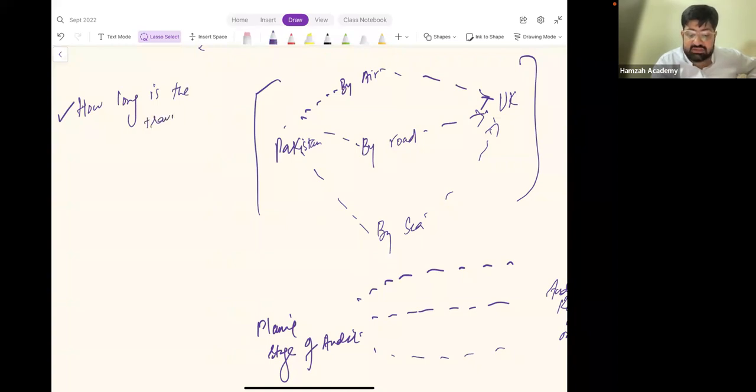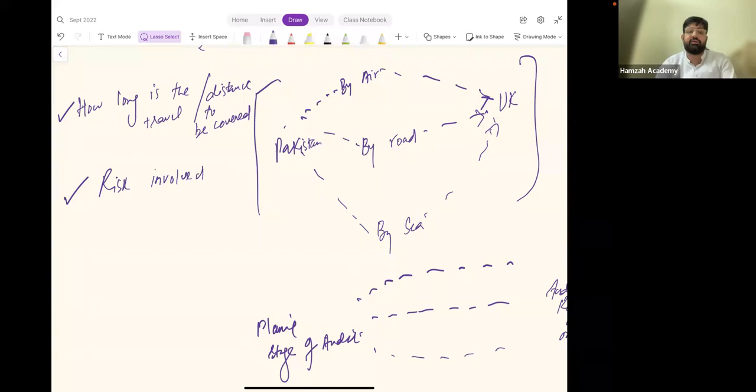You know that distance to be covered. Second, the second point, what is the risk involved in each option?